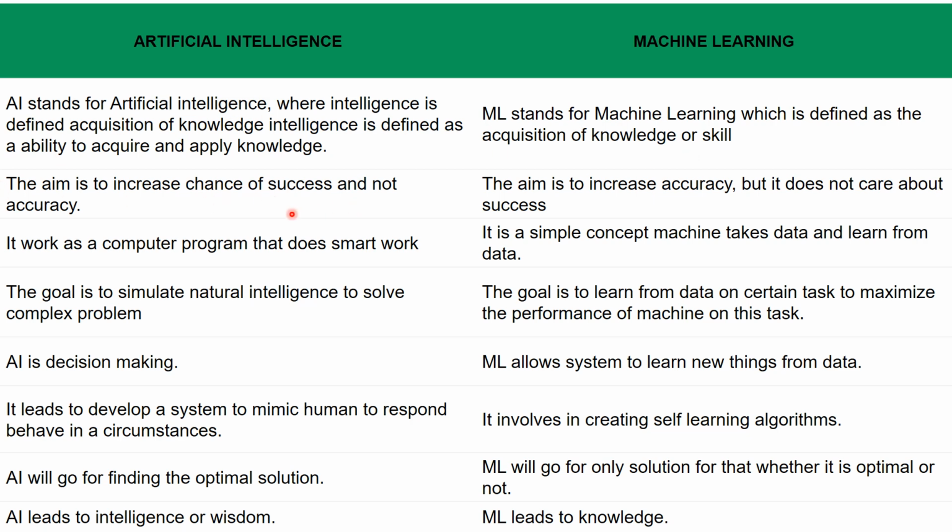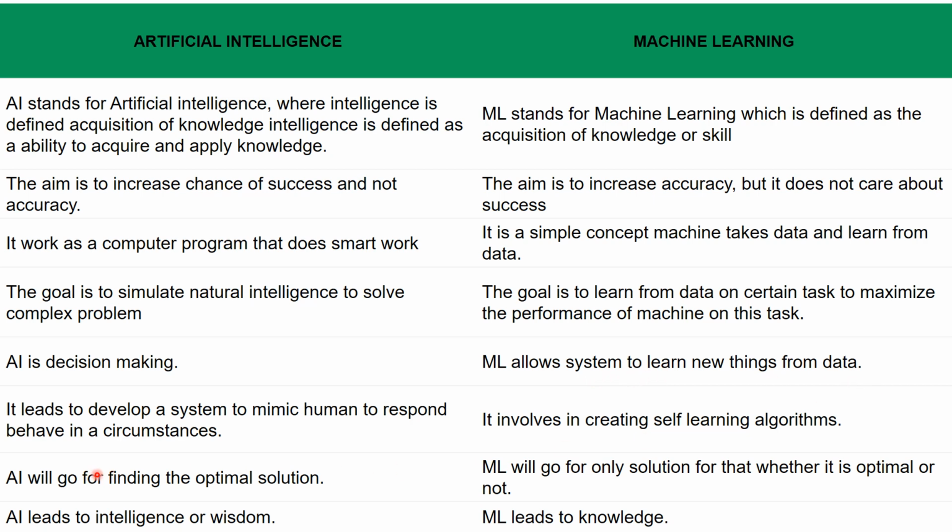Machine learning is defined as the acquisition of knowledge or skill through data, through the surroundings or whatever. The aim of AI is to increase chances of success and not accuracy. But the aim of machine learning is to increase accuracy. I want to increase the accuracy of how I make a decision or how I predict something.